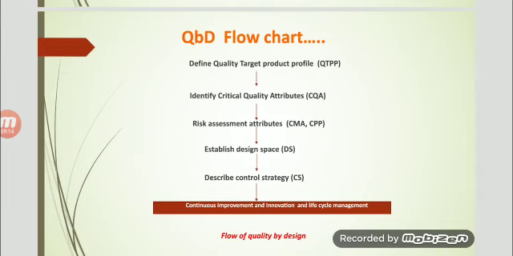If we follow all these things at the conceptual level, while designing, what will it result in? What benefit is it going to give? It will lead to continuous improvement and innovation and life cycle management. So this is the flow of quality by design.